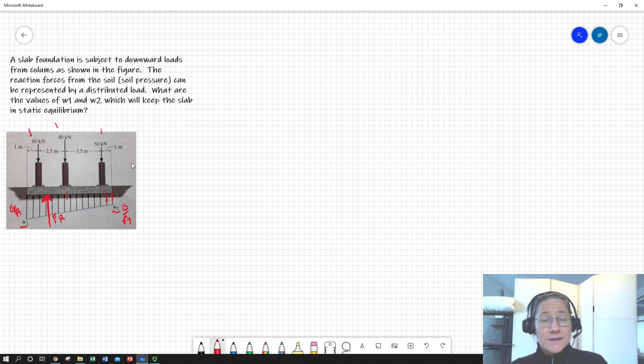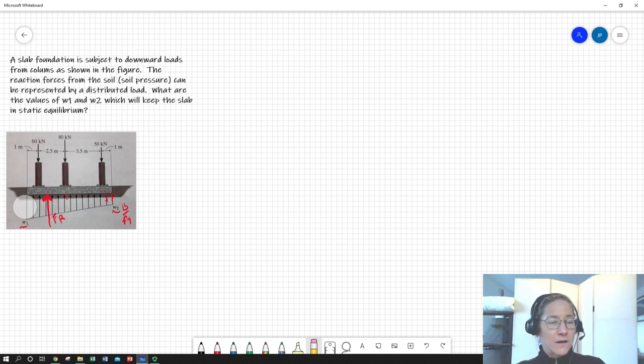So maybe we have to ask our contractor to go back and do some more compaction so we're getting more force per unit area that the soil can push back with, and that is a function of, say, soil void space and composition. So we'd know what we had to do to get the soil to do what we need. So W1 and W2 are linked to something that we can change on our construction site. So all of that is going to flow from the applied loading.